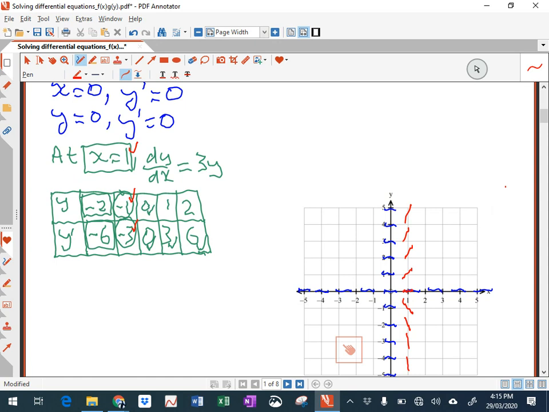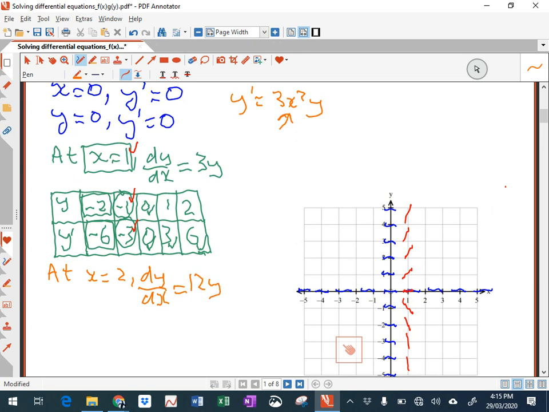So at x equals 2, what can I say? Don't forget your differential equation. What is it? It's y dash equals 3x squared y. If I put x equals 2 into there, I'm going to get 12y.